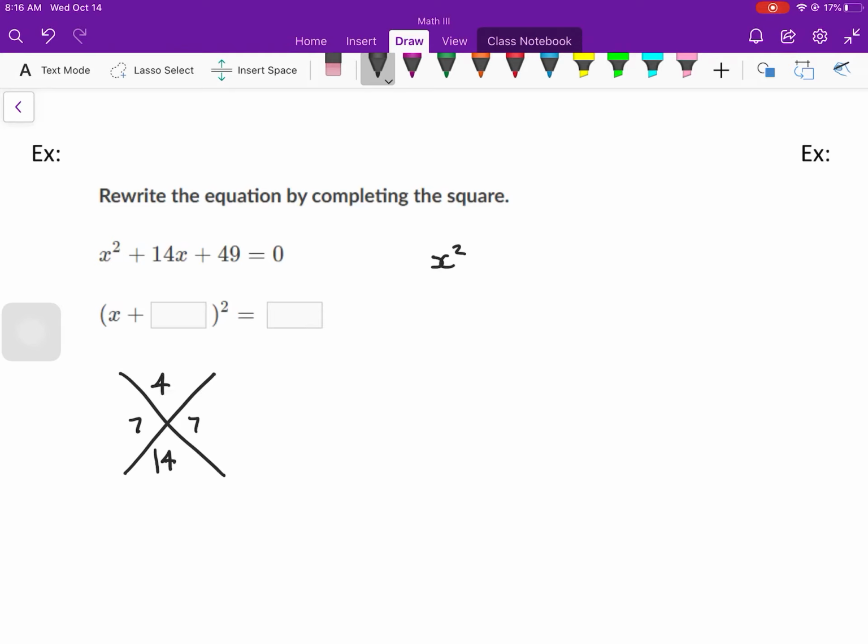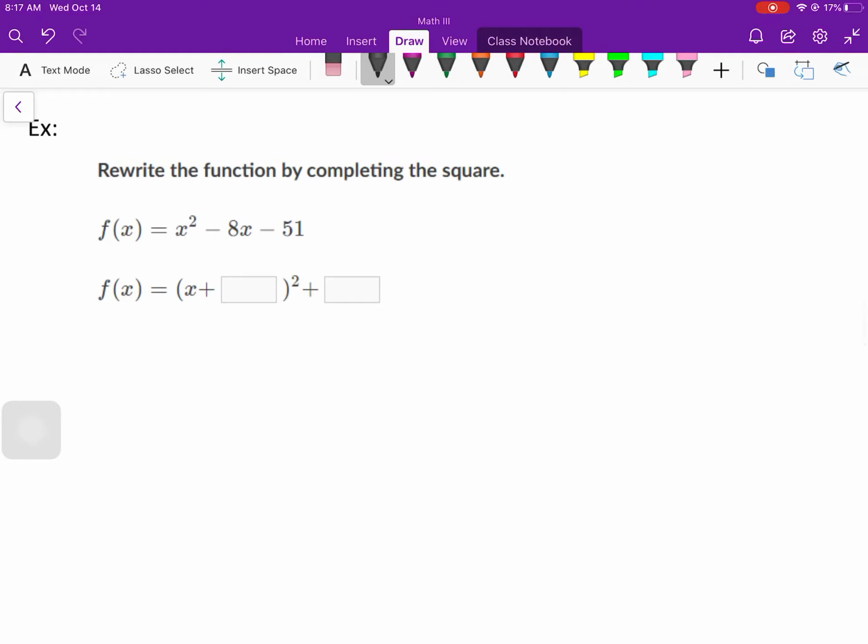And 7 times 7 is 49. So you'll realize this is already a perfect square. It'll just factor down to x plus 7, x plus 7. And so that would be your answer, 7 and 0. It's easy because it's already a perfect square, so we don't have to add or subtract anything.